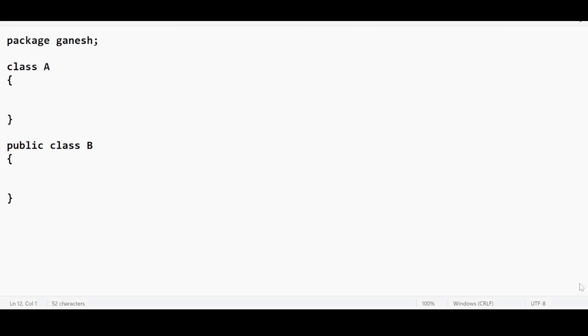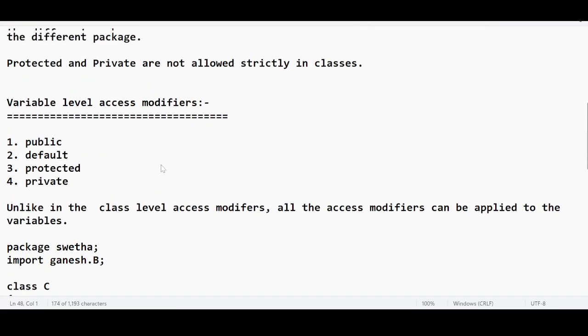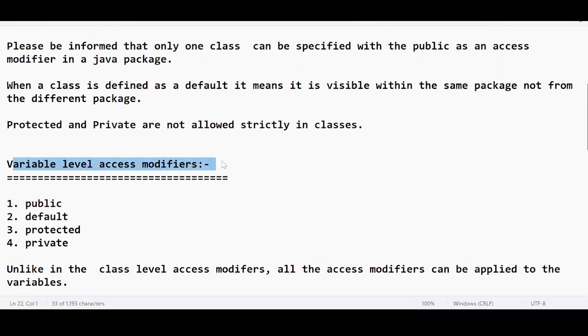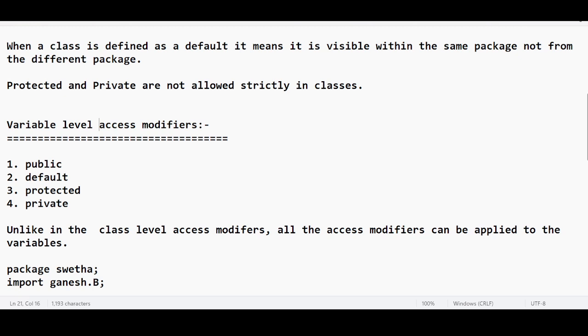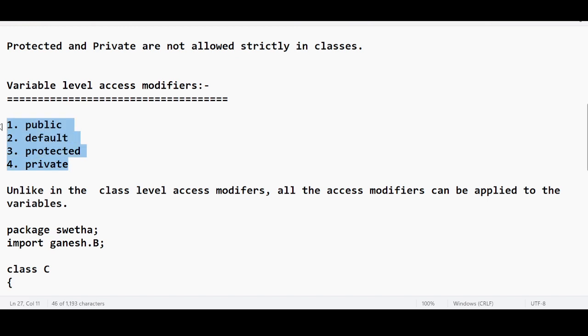So yesterday the topic was about the access modifiers on top of Java variables. For variable level, constructor level, and method level, you can use all the access modifiers: public, default, protected, and the private access modifier.